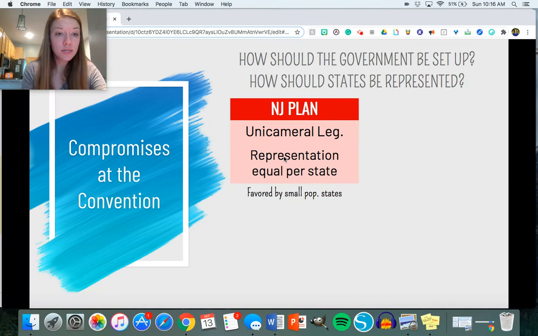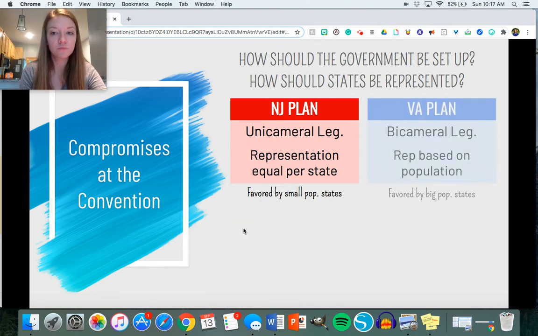Now, small states are going to say, yes, we love this, because they don't have a whole lot of people in their state. So they know that by this plan, they will have equal power to the larger states. So this is the plan favored by smaller states with smaller populations.